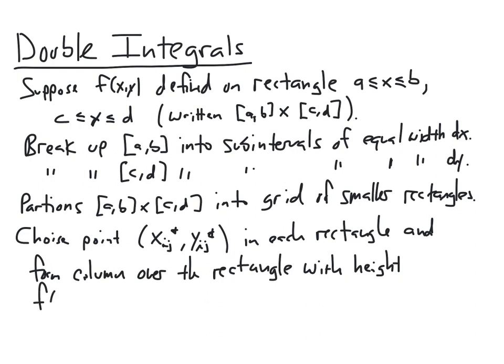So the height is going to be f of x i j star, y i j star. Now in this rectangular grid, we have little rectangular columns over each of the small rectangles. We're going to compute the volume of the column.